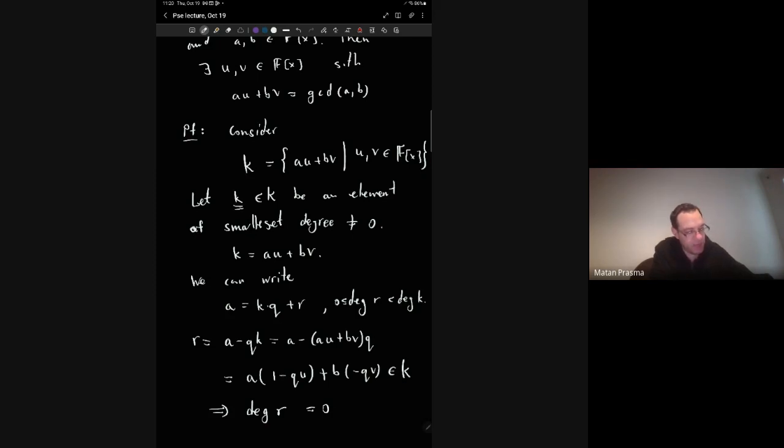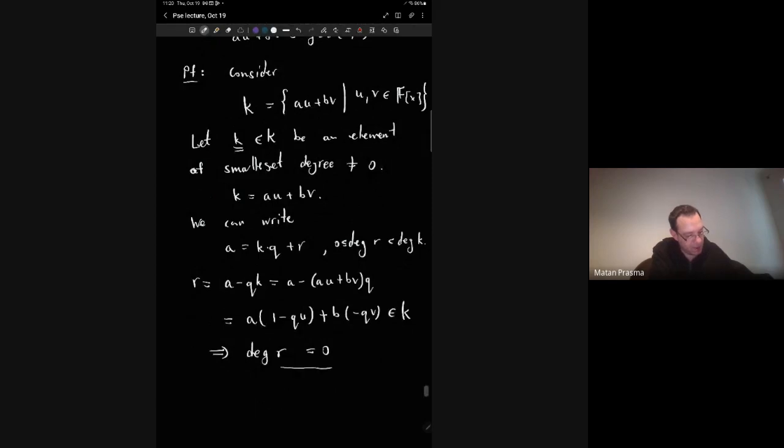If I choose K like this, then I get as an immediate corollary that R must be the zero polynomial, because it is a polynomial that can be expressed as A times something plus B times something, and its degree is strictly smaller than K. Okay, so A is equal to K times Q.